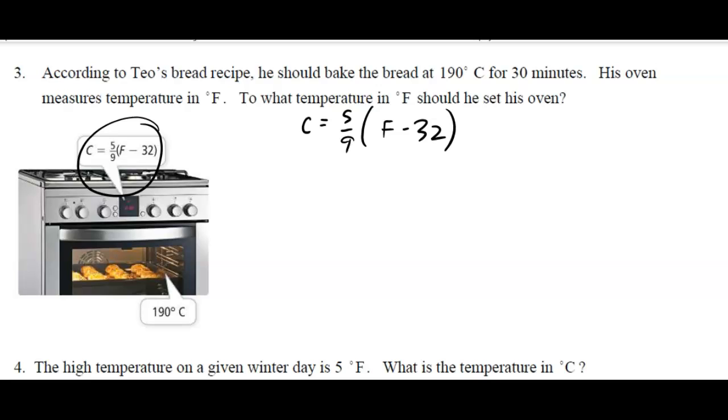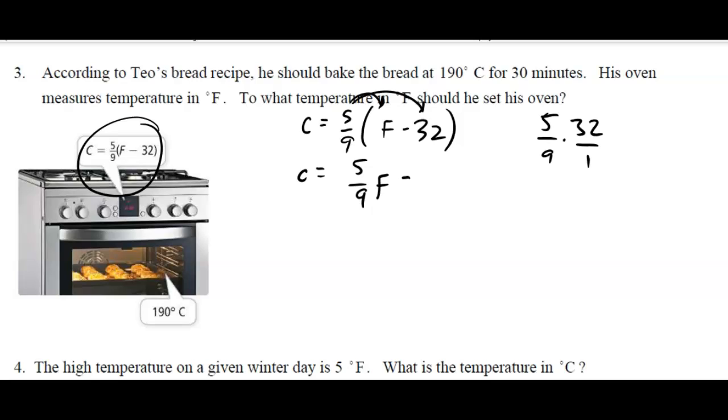But in order to solve these for Fahrenheit, first thing I'm going to do is distribute. So my Celsius just drops down. I have 5/9 Fahrenheit, and leave that as a fraction. So as a fraction over here, I have 5/9 times 32/1.